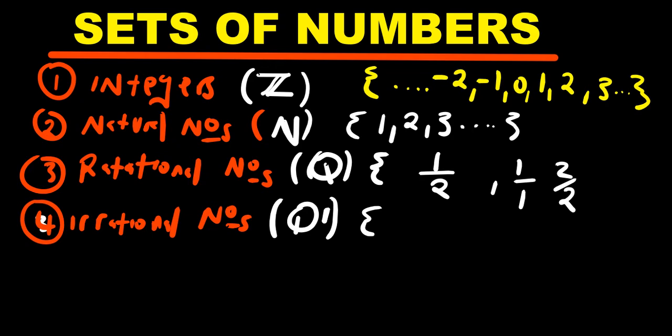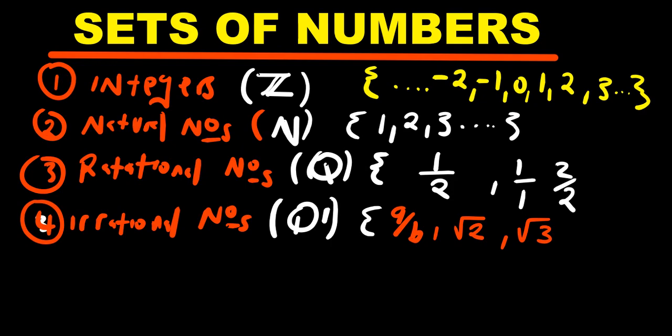Now, irrational numbers are numbers which cannot be expressed as ratios of integers. What do I mean? They cannot be expressed in the form of a ratio, maybe A/B. These irrational numbers are things like the square root of 2, the square root of 3, like that.